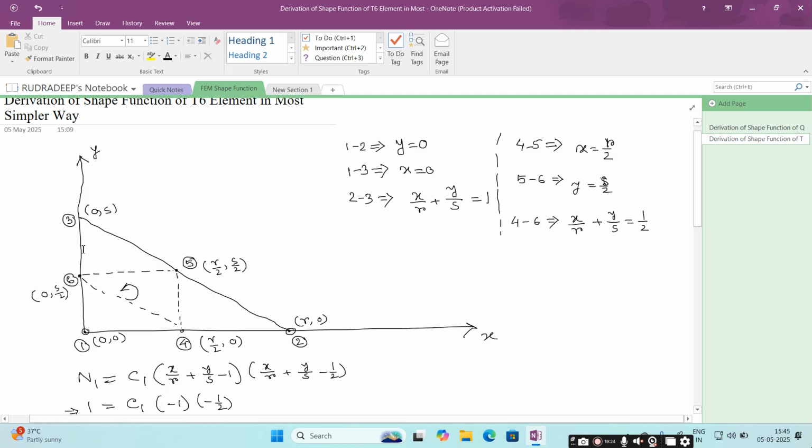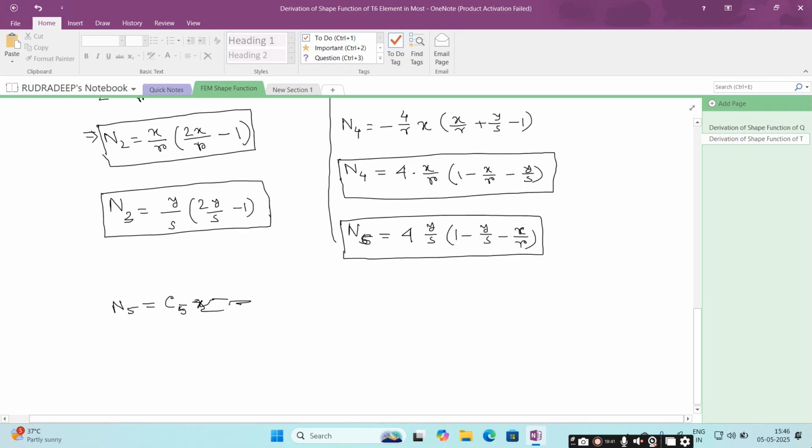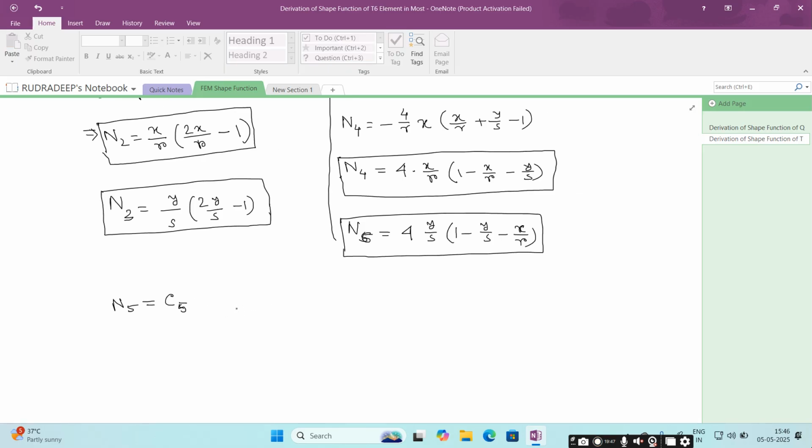One is x equal to 0, the other one is y equal to 0. So n5 is simply c5 xy.